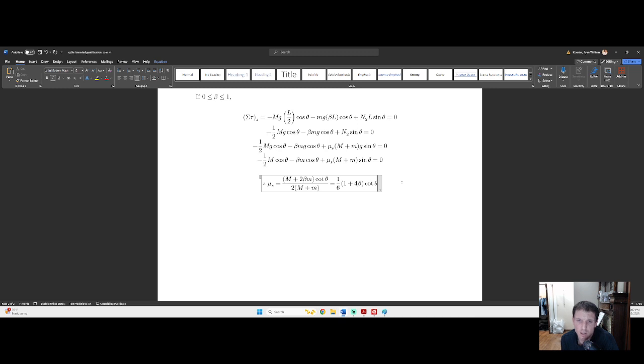You don't have to do it this way. You could have just said also that this term here is just mg L cosine theta, right? And so that's okay too if you could see that, but I needed to think about it for a little while at least to make sure that that made sense to me.